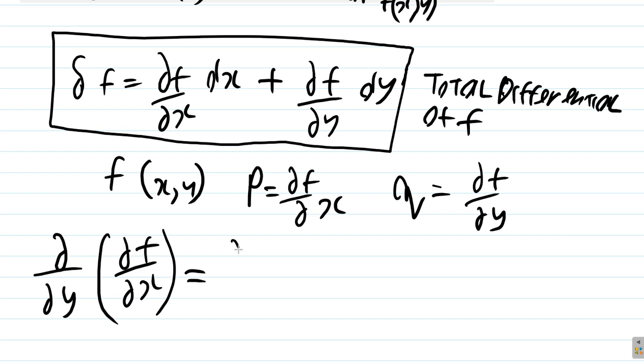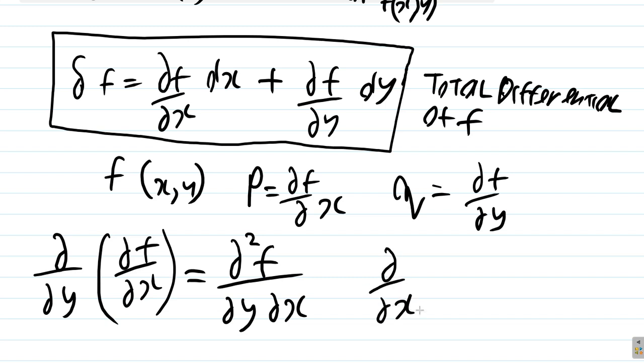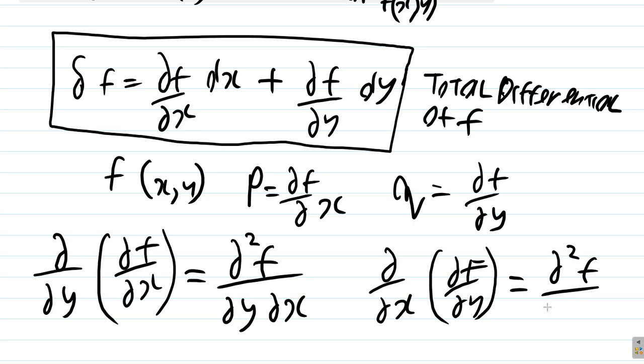What you would have then is partial squared f by partial y partial x. And if you differentiate partial f with respect to y with respect to x, this would yield partial squared f by partial x partial y.